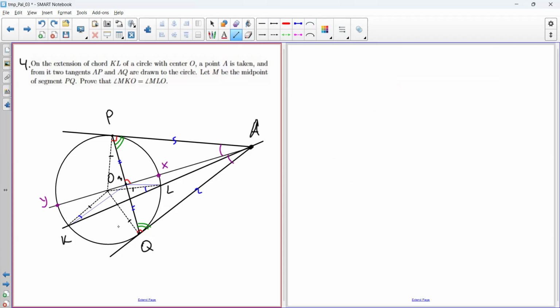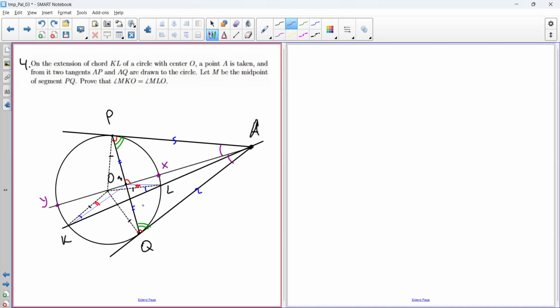We have these segments, and we should prove that angle MKO, this one, should be equal to MLO, which is this one, but I cannot just draw them being equal.